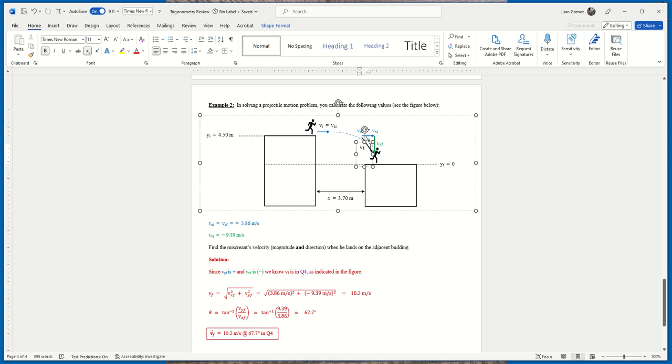Their final speed will be indicated by that black vector. That v final has an x component and a y component. Well, notice in this picture, vf, the final velocity of this person right before they hit that building, is clearly in Q4. So I know that the x component is going to be positive, but the y component is going to be negative.